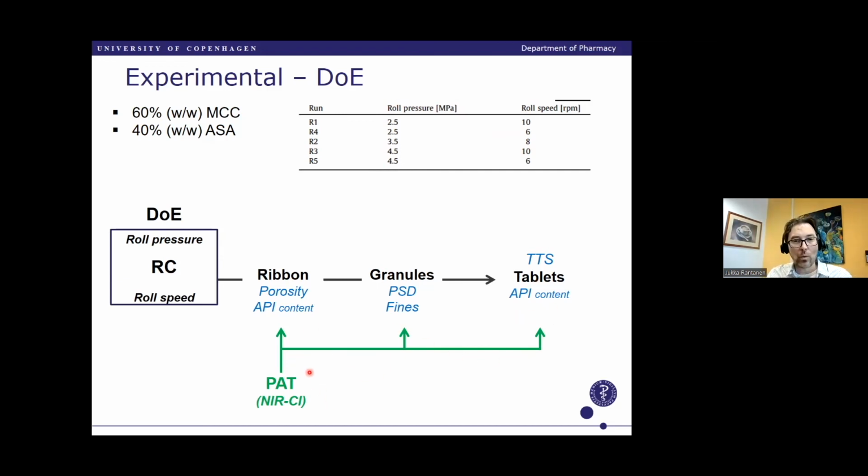So we can do with near infrared, we can measure all these products and then see some characteristic features. And since we are now doing design of experiments, we are changing systematically these process parameters. We can see how our design space is being affected by these changes.